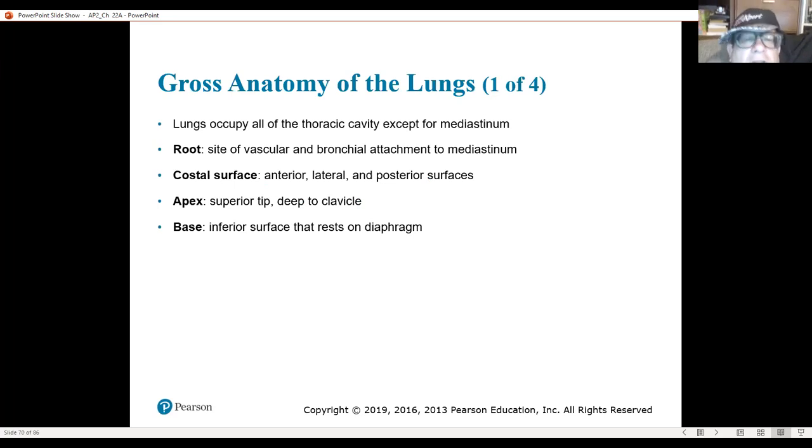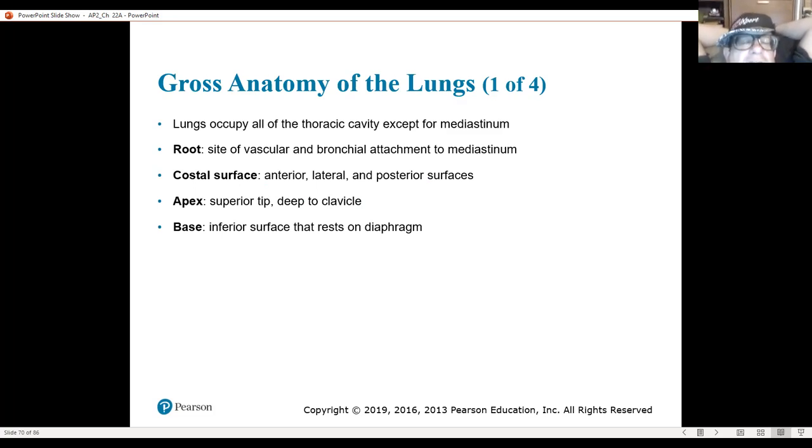All right, the lungs occupy all of the thoracic cavity except the little part in the middle where we have the trachea, the esophagus, and the heart, that middle part being the mediastinum. The root is where the vessels and the bronchi attach to the mediastinum.